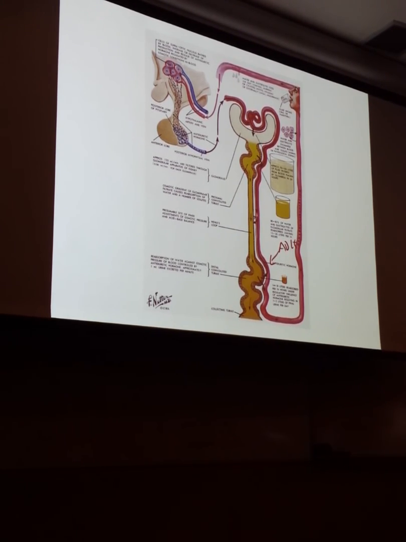Constantly peeing. If you don't have ADH, you're going to have to pee out 20 liters a day, and we ordinarily don't have a fraction of that. If you have too much ADH, which can also happen, you tend to retain too much water.